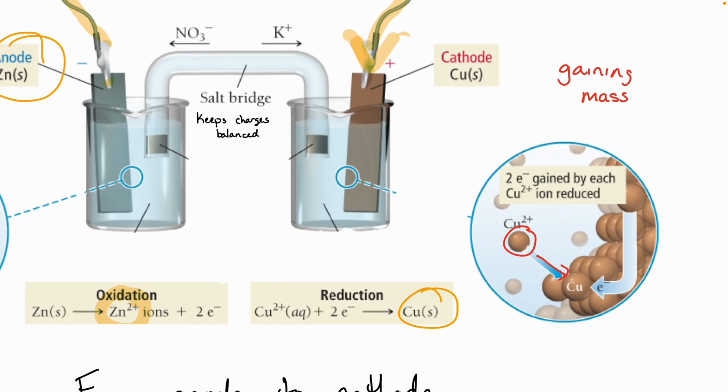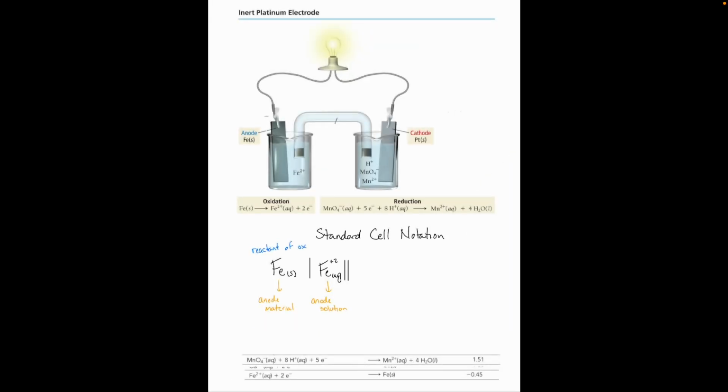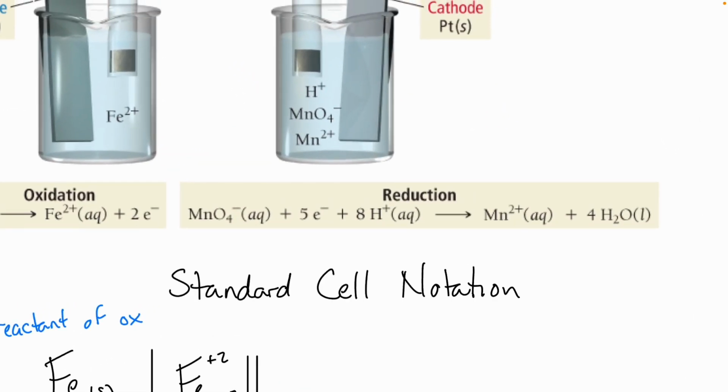If we look at this battery, though, this one's a little different in that both sides of this chemical equation, my reactants are aqueous like I would expect, but my product is also aqueous here. You can't make a cathode out of an aqueous ion. It's got to be some hunk of metal.